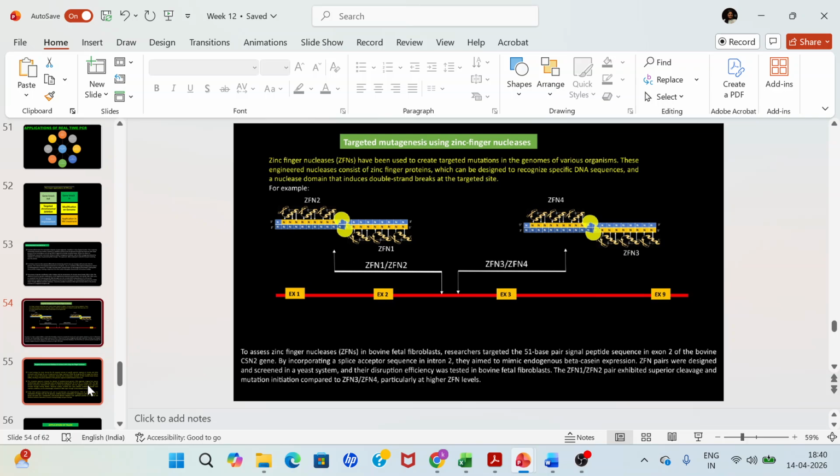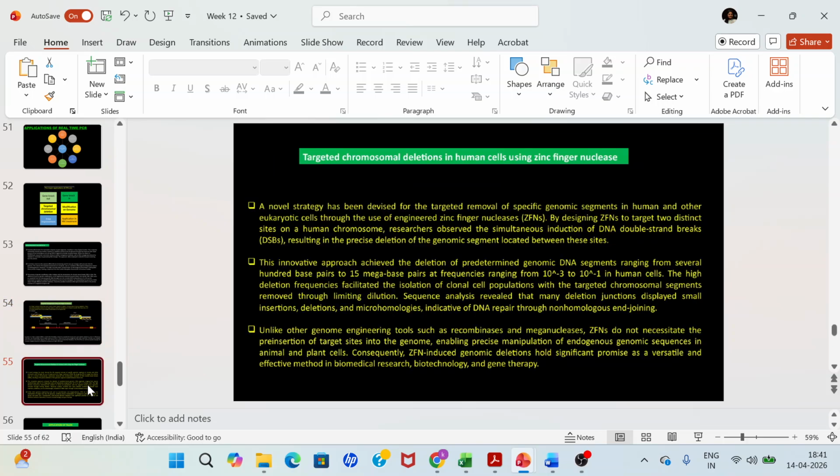So zinc finger nucleases have been used to create targeted mutation in the genome of various organisms. These engineered nucleases consist of zinc finger proteins, which can be designed to recognize specific DNA sequence, and a nuclease domain that induces double strand breaks at the targeted site. So this is how zinc finger nucleases can be used.